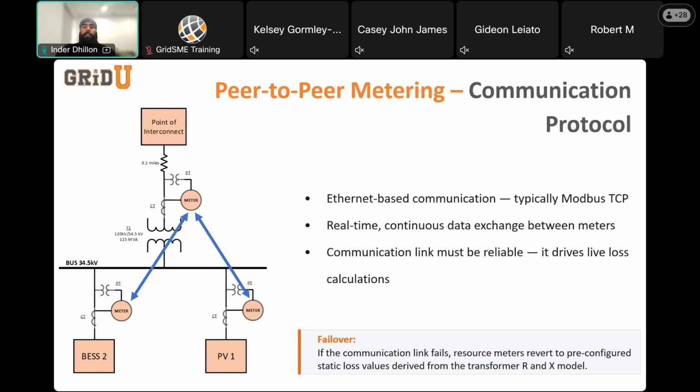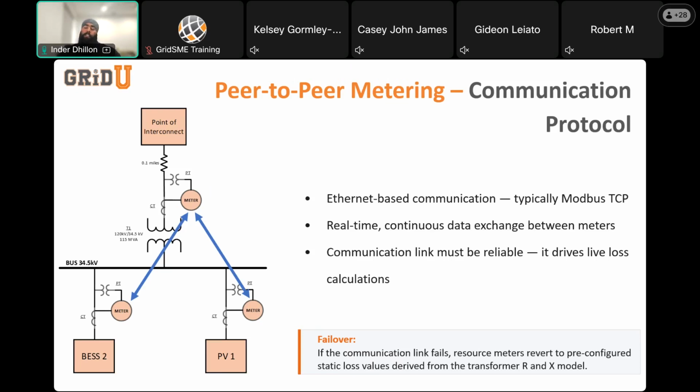The calculating meter polls the resource meters continuously, typically every few seconds, to maintain a real-time loss calculation. Each resource meter is sending its real-time electrical measurements like real power, reactive power, and current to the calculating meter.